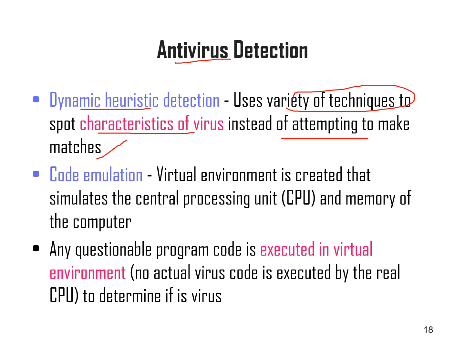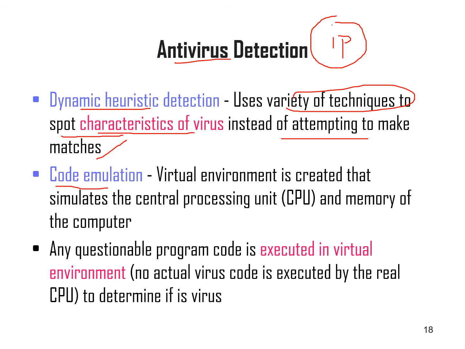Instead of mapping a signature to the infectious files, I am spotting the characteristics of the virus. If a file is illegally communicating with an IP address that is malicious, then it is actually malware. If it is downloading some anonymous file without any user knowledge, then it is an illegal activity. So I am spotting the characteristics of the virus.